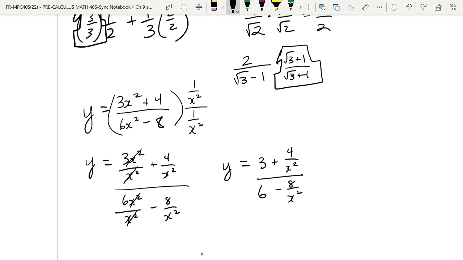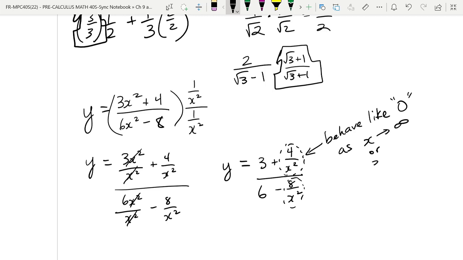In other words, what if x gets bigger and bigger, what if x is 10 or 100 or 1,000,000 or 1,000,000,000 or 10 billion or 100 billion? What does this number do as x gets bigger forever? It goes to 0. So you can treat these numbers here, they behave like 0 as x gets infinitely big or infinitely small. So if those things are just zeros, y is just 3 over 6, which is a half.